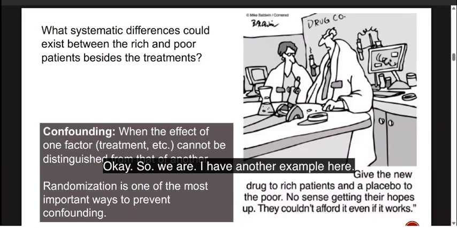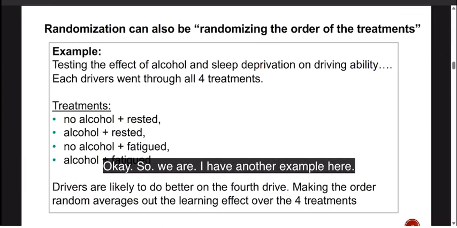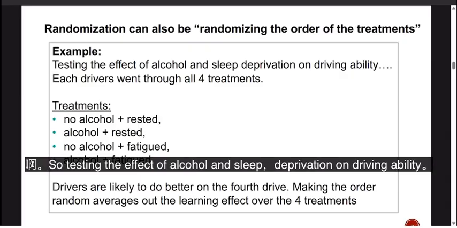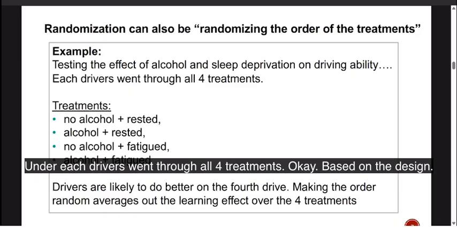I have another example here where randomization is expected to work. Testing the effect of alcohol and sleep deprivation on driving ability, where each driver went through all four treatments.